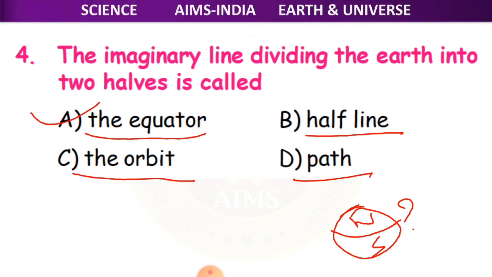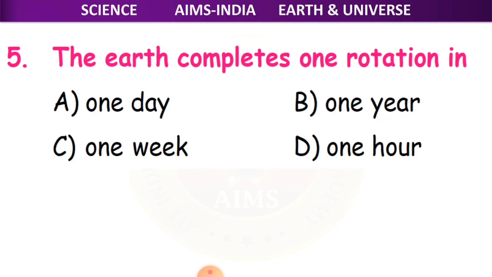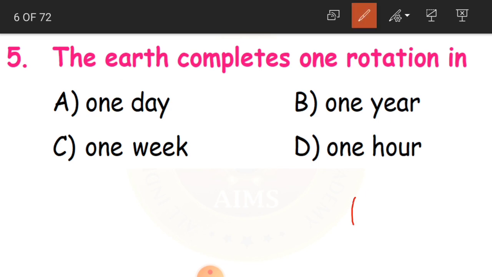Clear, children? Now the fifth one, the earth completes one rotation in. Again, what is rotation? In the earlier question we learnt about revolution, and here this is rotation. Rotation is when the earth rotates around itself on its own axis.